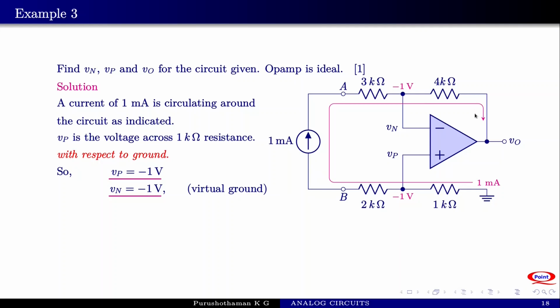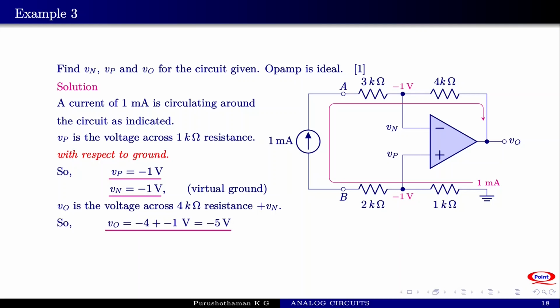So Vo must be equal to the voltage across 4 kilo ohm resistance plus the voltage at this node. So Vo is the voltage across 4 kilo ohm resistance plus Vn, which is equal to minus 4 plus minus 1 volt is minus 5 volt. So this is our solution. Vn is equal to minus 1 volt, Vp equal to minus 1 volt, Vo equals minus 5 volt.